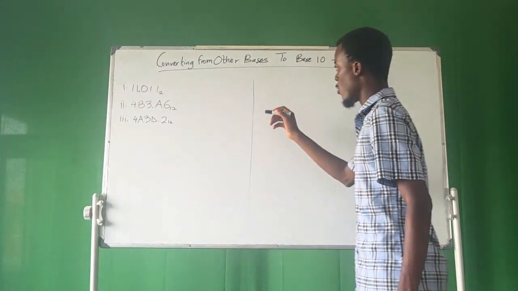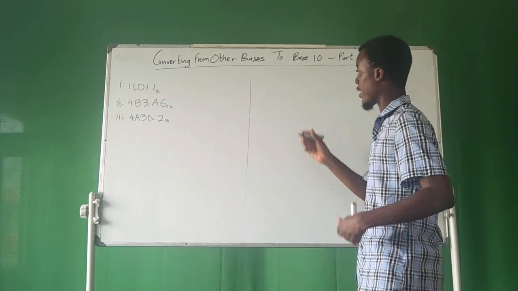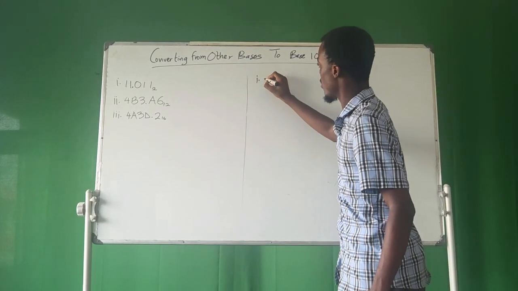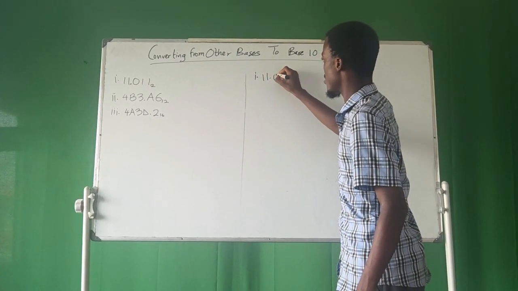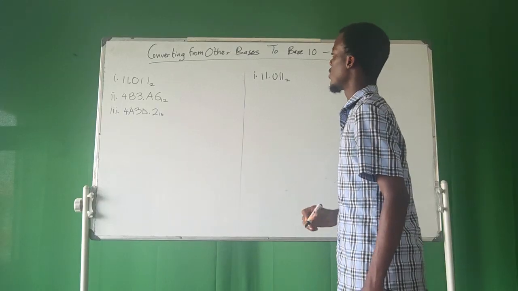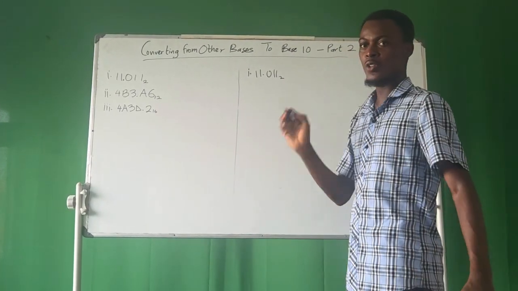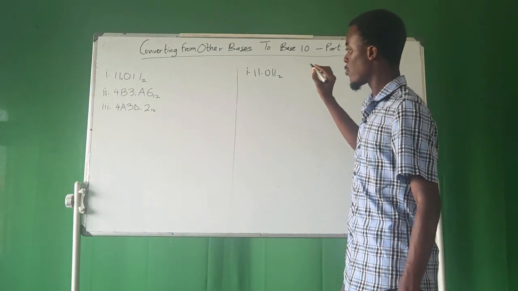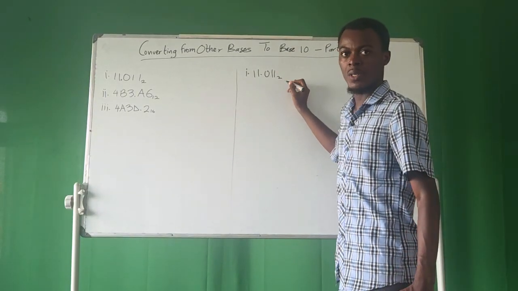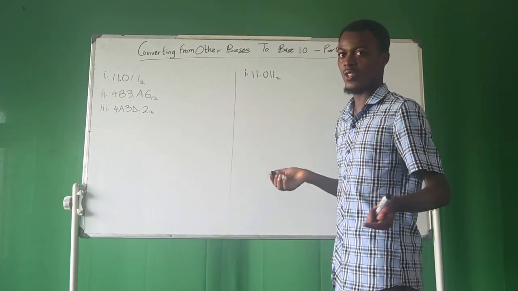So for the first one, this was 11.011 base 2. And this one is very, very easy. Here's the trick: when you are converting to decimal, you first put the power of the base on each digit. It's just a trick, you don't write it.